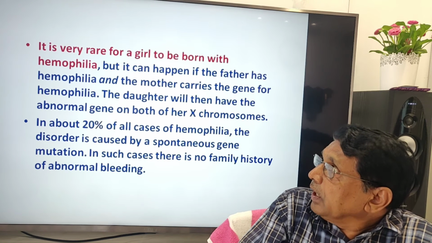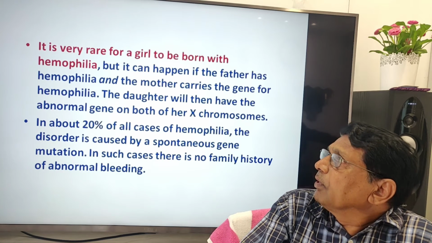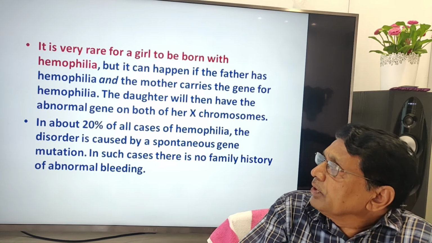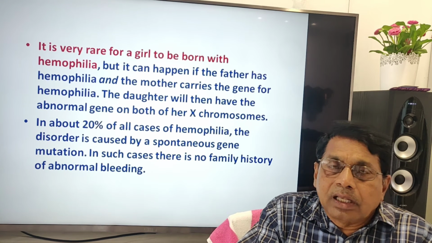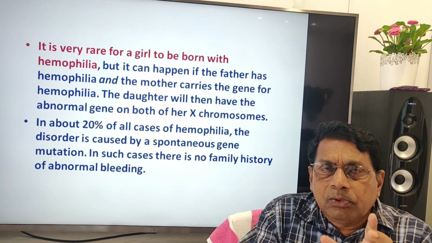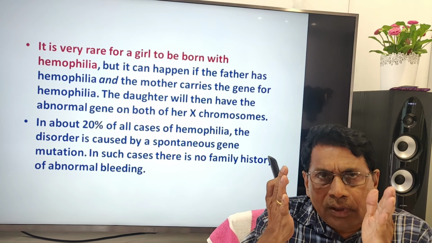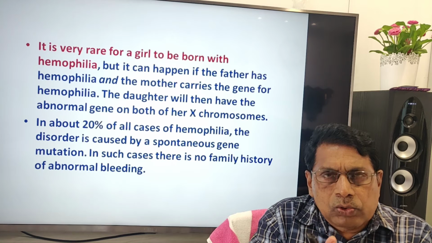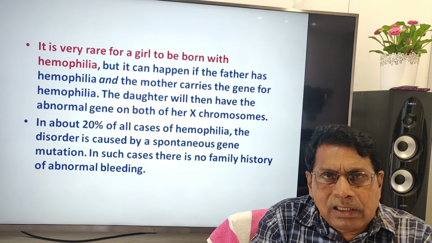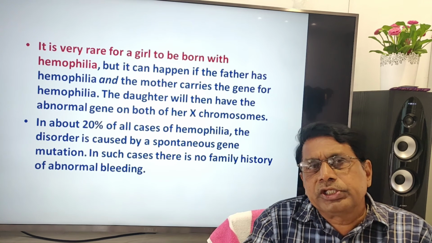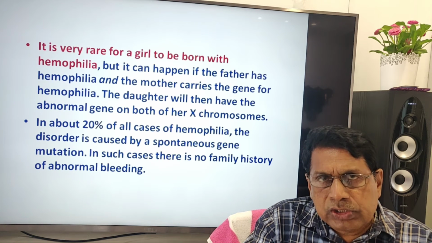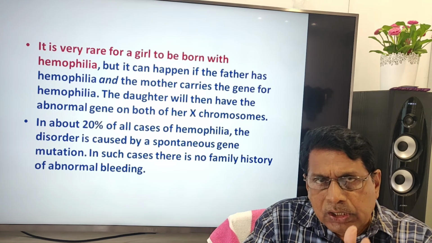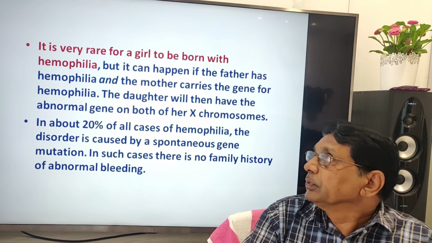It is very rare for a girl to be born with haemophilia. For a girl to be born with haemophilia, both of her X chromosomes must carry the mutated recessive gene. She should be homozygous.